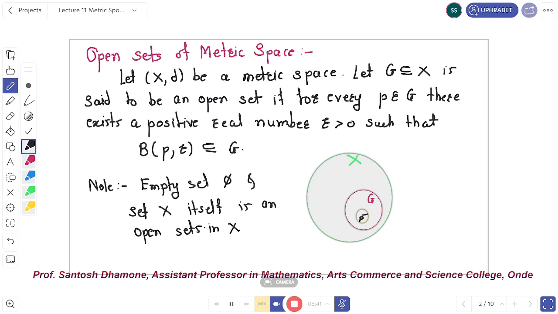Example 3. Let X is equal to R2 and d is equal to the usual metric.